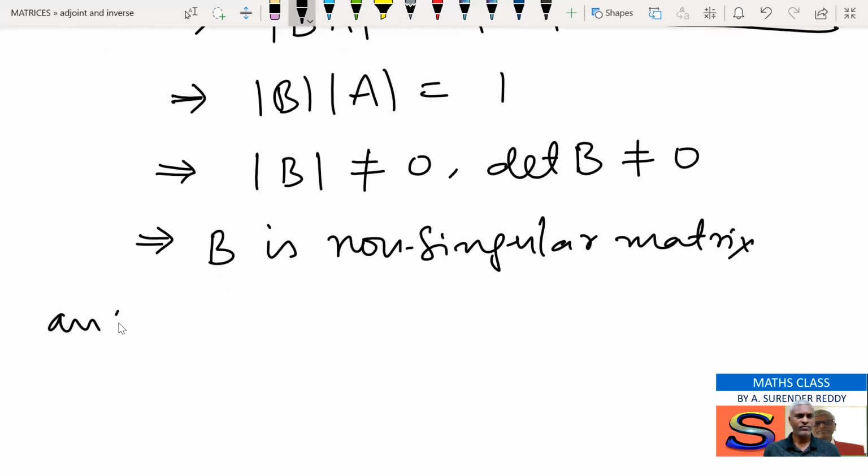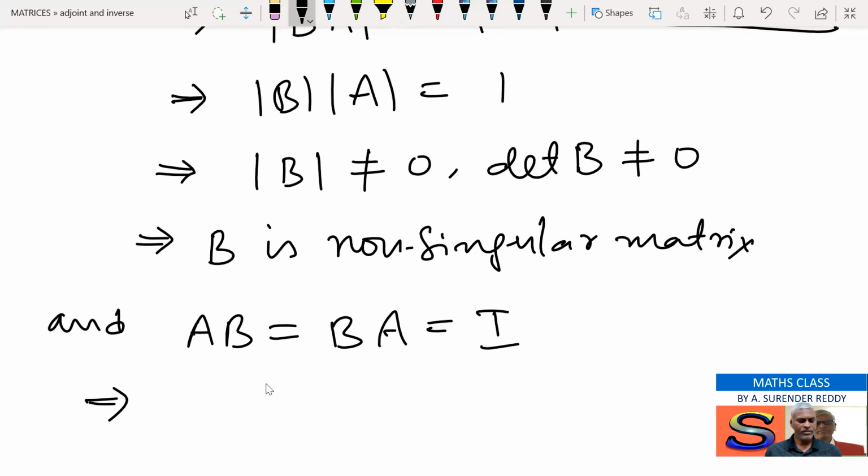And AB is equal to BA is equal to I, where both A and B are non-singular. So this implies A is invertible.